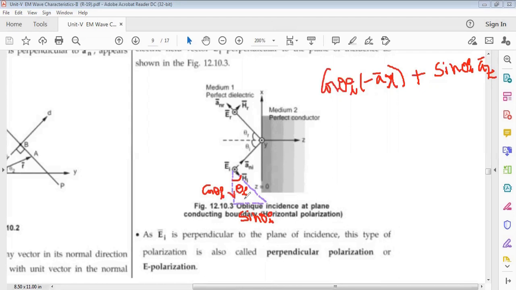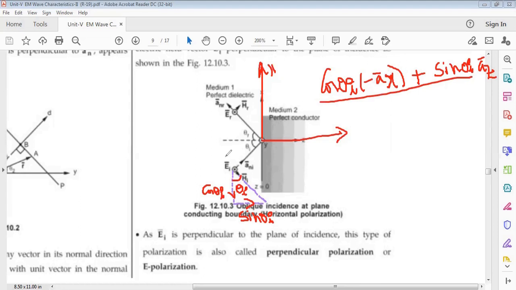The direction is downwards and towards the positive X direction. The downwards means that is a minus X, and the Z direction is towards the positive only. So from this right angle triangle, we can write cos theta I into minus AX bar.